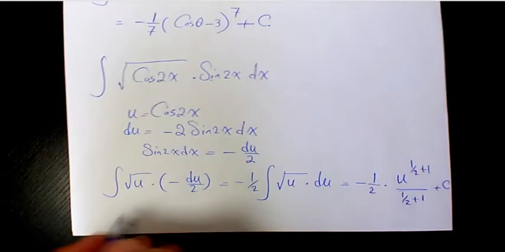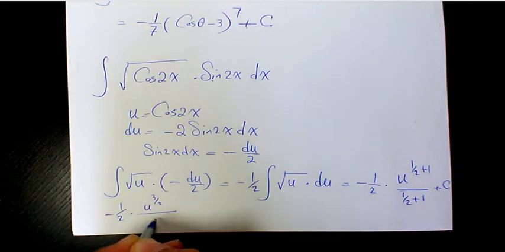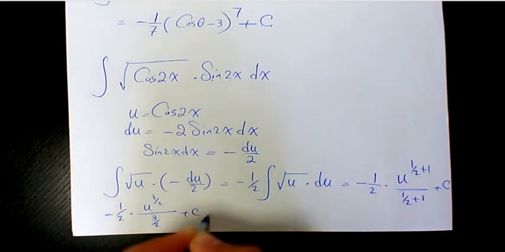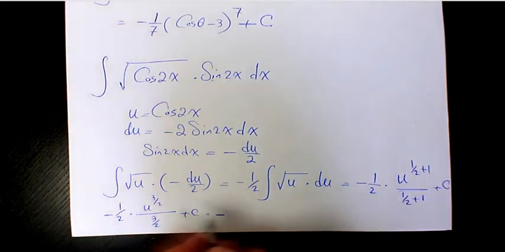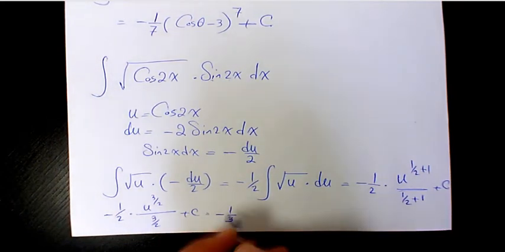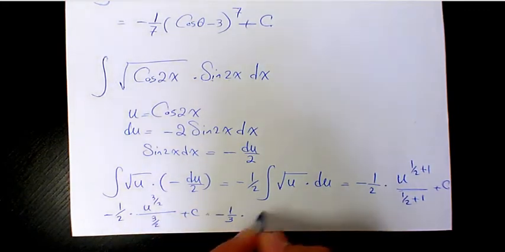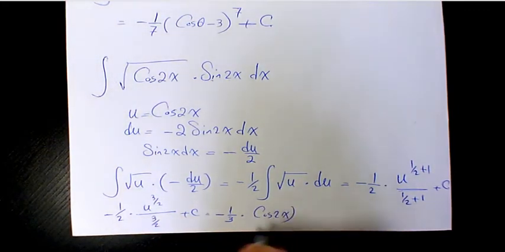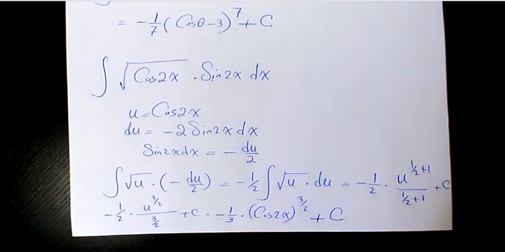So that's going to be negative 1 over 2 times u to the power of 3 over 2 divided by 3 over 2, plus c. When you simplify it, 3 over 2, when you move it to the numerator, is going to be 2 over 3. 1 over 2 times 2 over 3 is going to be 1 over 3. So it's negative 1 over 3 u to the power of 3 over 2, where u is cosine 2x, so cosine 2x to the power of 3 over 2 plus a constant number.